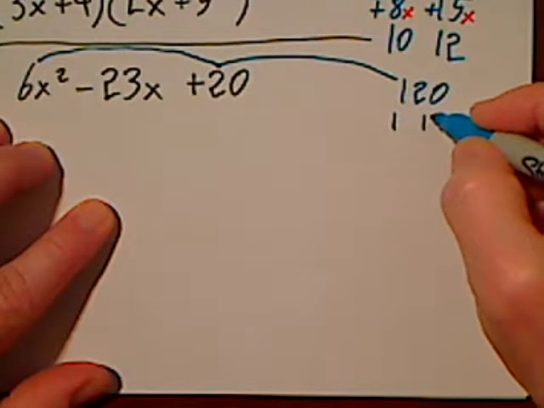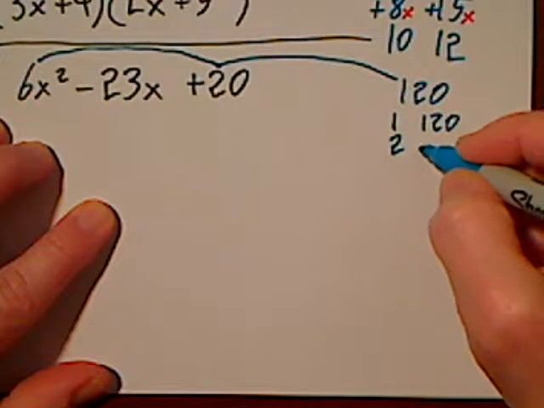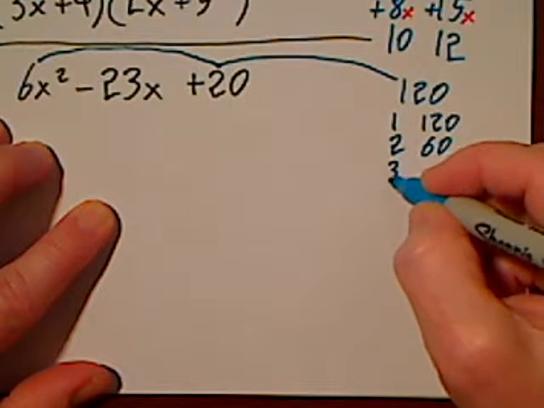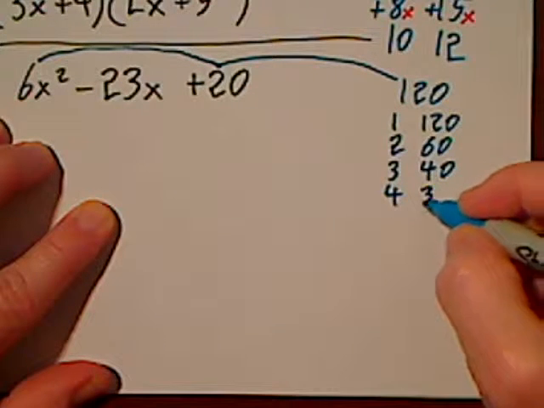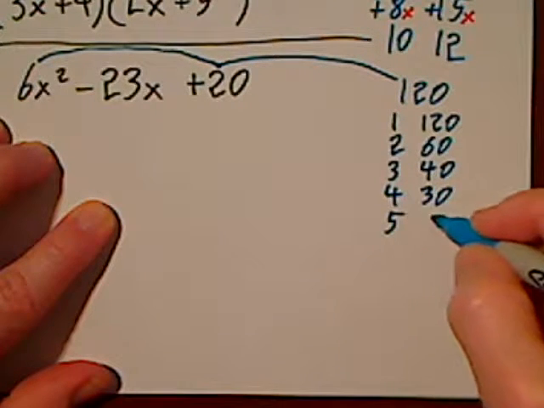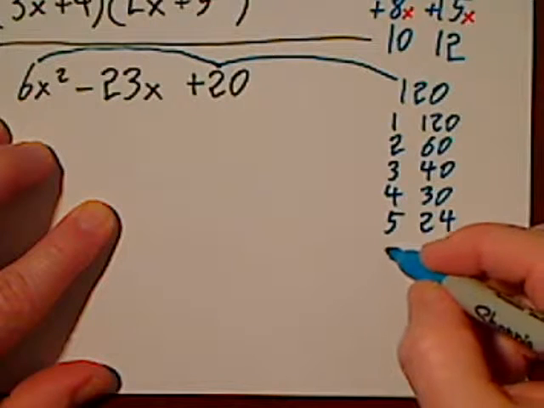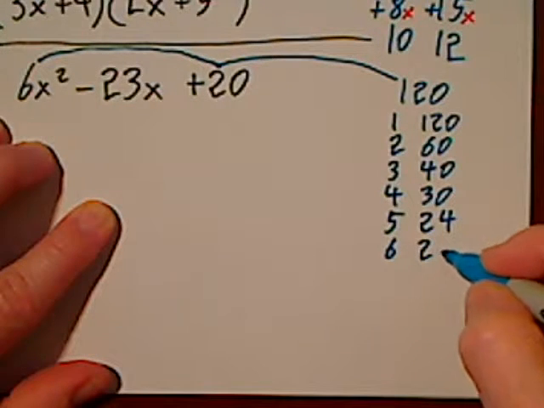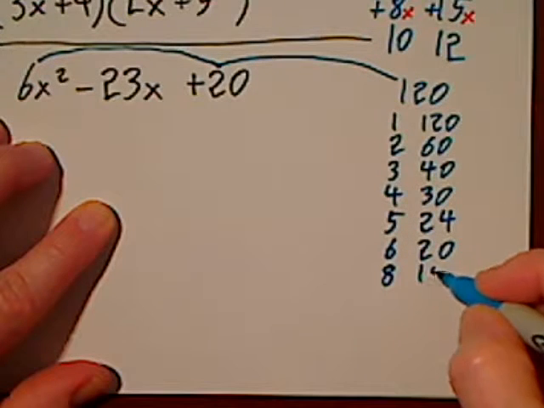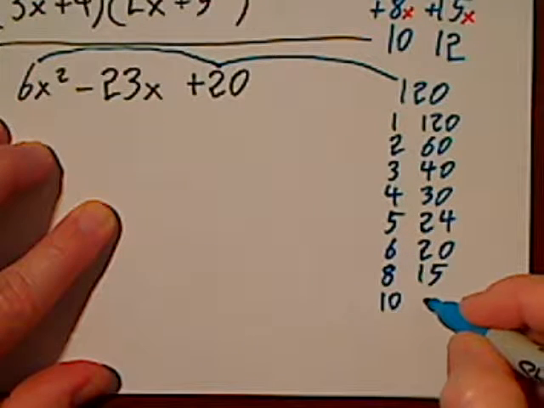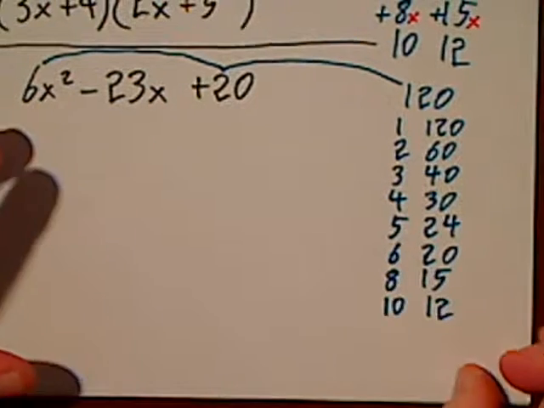1 and 120, 2 and 60, 3 and 40, 4 and 30, 5 and 24, 6 and 20, 7 won't work, 8 and 15, 10 and 12.